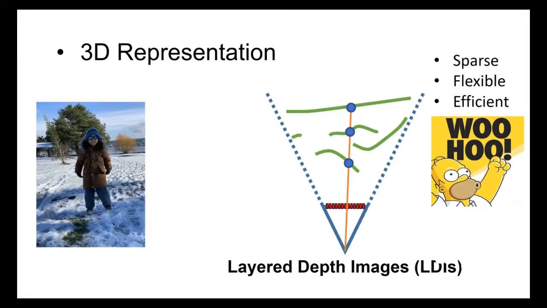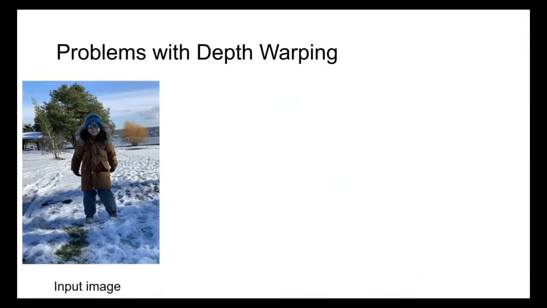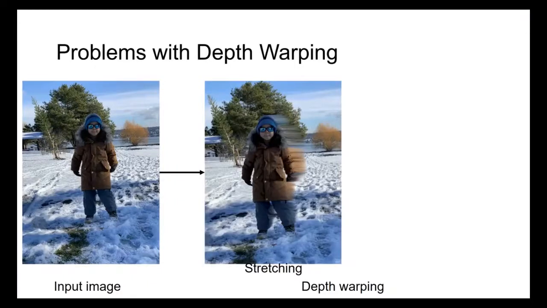So how does our method work with this representation? Let's first look at the problem of depth-based warping. If I have an image, we can estimate the depth either through stereo or through monocular depth estimation methods. If we render a new view of this image using the depths, you will see something like this. At edges across the depth discontinuity, you'll see the texture is severely stretched.